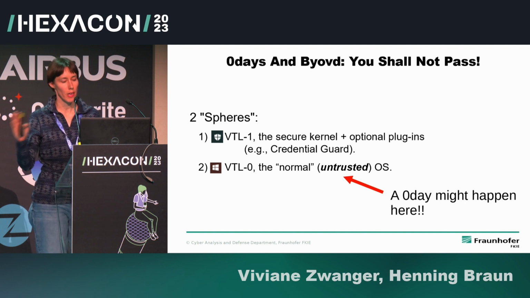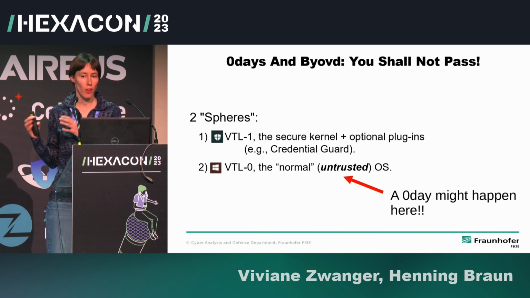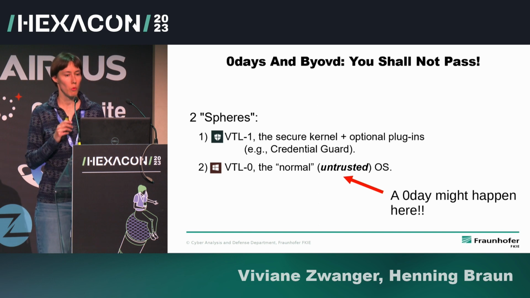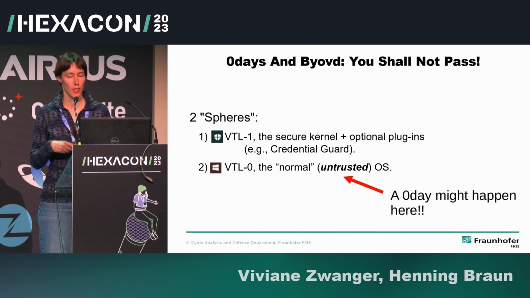And that should not happen with memory integrity turned on. And that's why there is VTL1. So VTL1 is basically another operating system, a very tiny one, and it has a secure kernel and an isolated user mode. And there are potentially optional plugins like Credential Guard, etc.